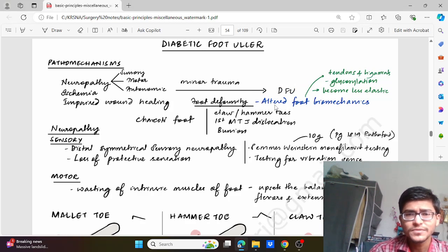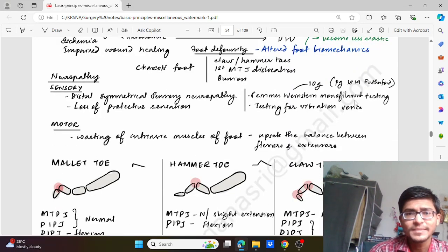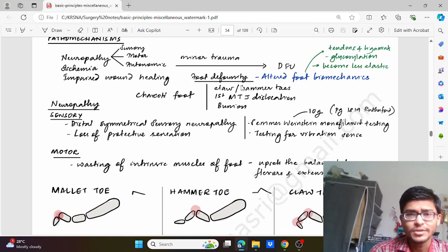These will also cause foot deformity, associated with altered foot biomechanics due to glycosylation of tendons and ligaments, which over time become less elastic and deformed, giving rise to formations like Charcot foot, claw or hammer toes, dislocation of the metatarsophalangeal joint, or bunions.